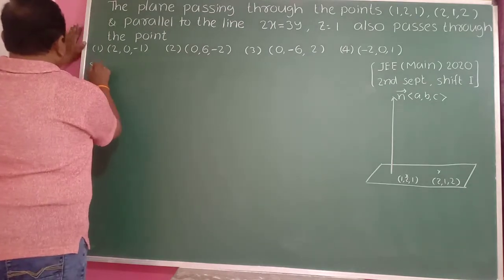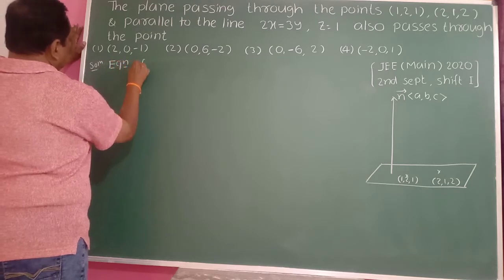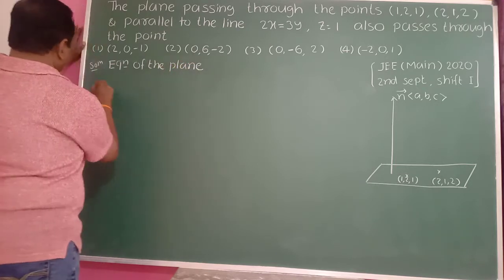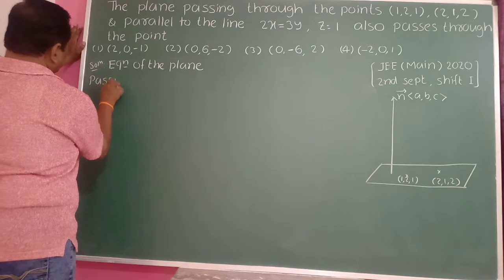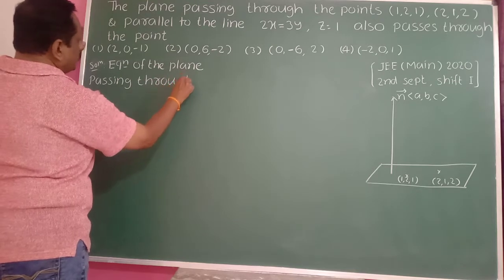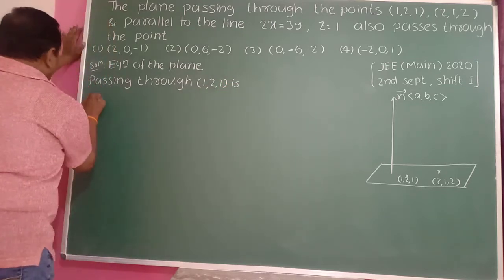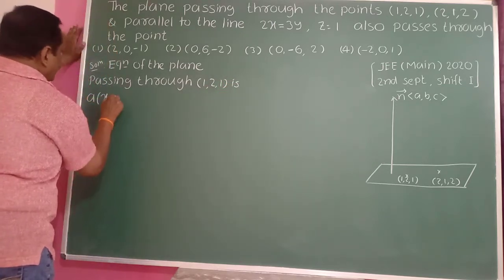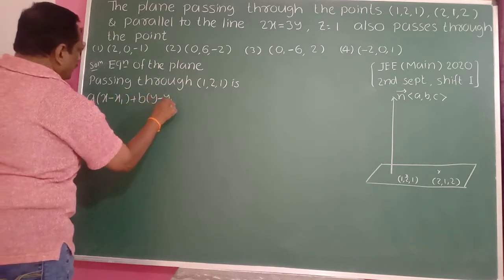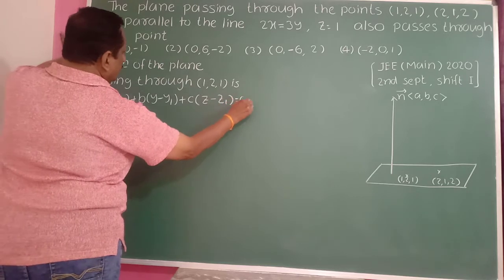Therefore, the equation of the plane passing through (1, 2, 1) is a(x minus x1) plus b(y minus y1) plus c(z minus z1) is equal to 0.